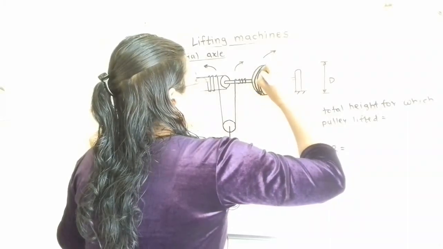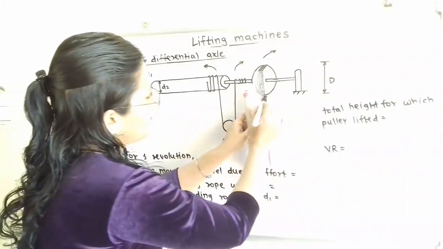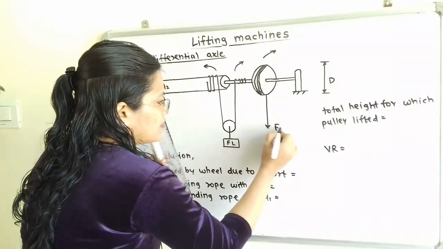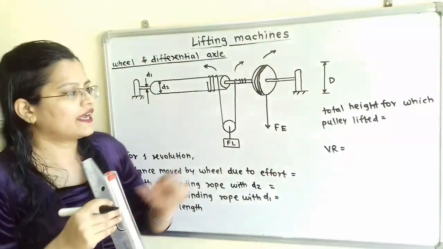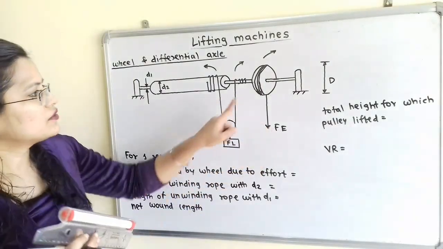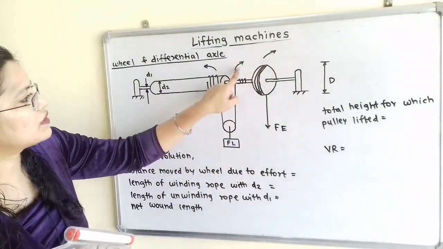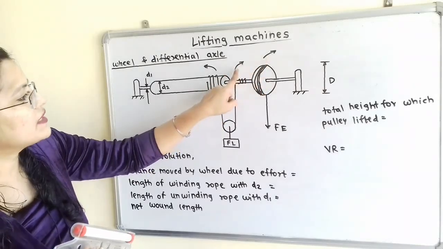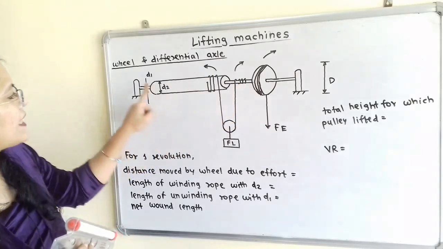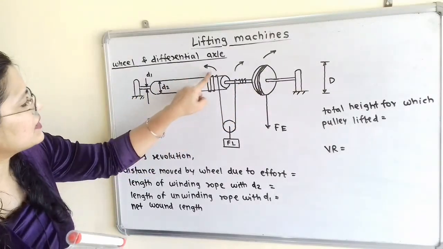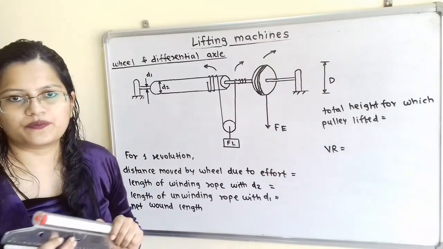Around this wheel we have to apply this rope, and here effort FE is applied at the other end of the rope. So here is the direction of mounting. If we observe, the direction of this mounting is the same for the wheel as well as the axle with diameter d1, and the opposite direction is for diameter d2.